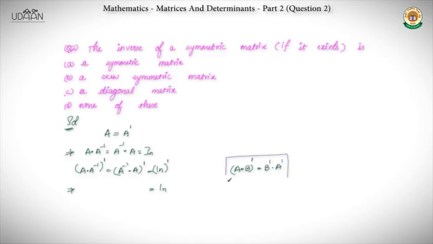So what does that become now? A inverse transpose into A transpose equal to A transpose dot A inverse transpose.